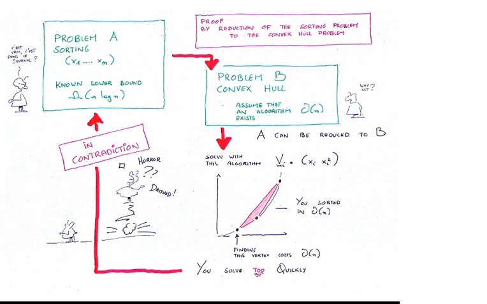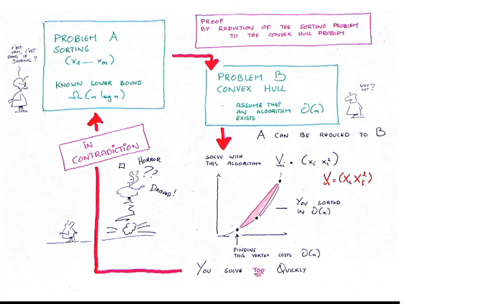Now you apply this convex hull algorithm to the following set of nodes, the values v defined like xi and xi squared.